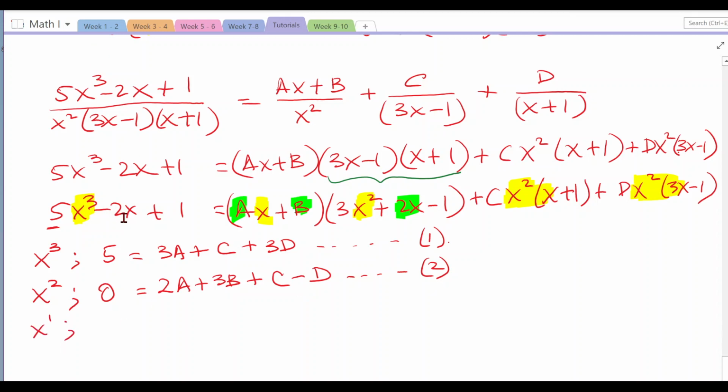Here we have negative 2 equals, and on the right hand side, ax times negative 1, we have negative a. And then what else, we have b and 2, b times 2x, so we have positive 2b.